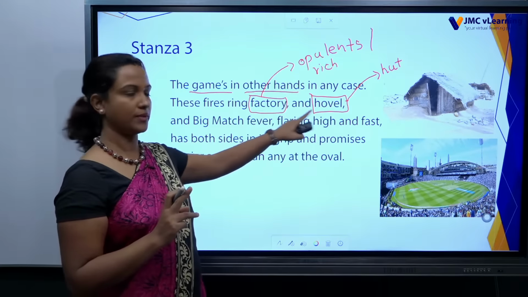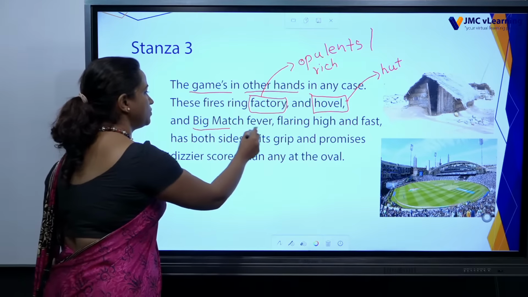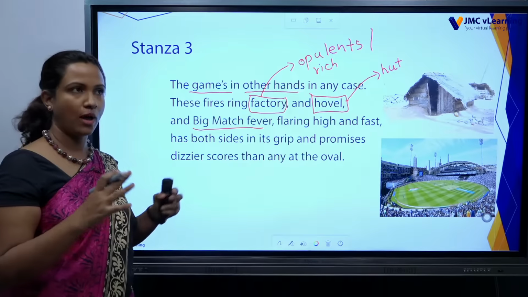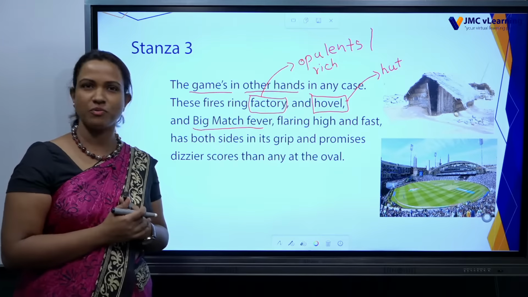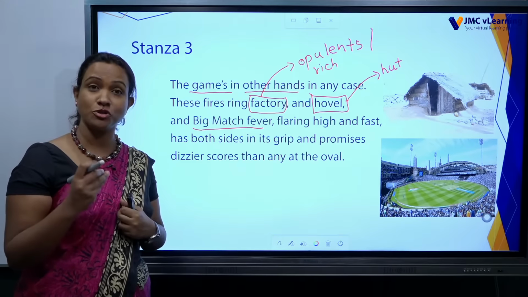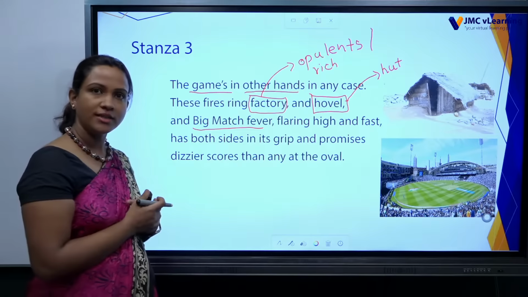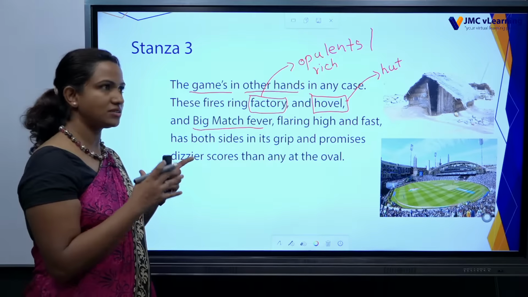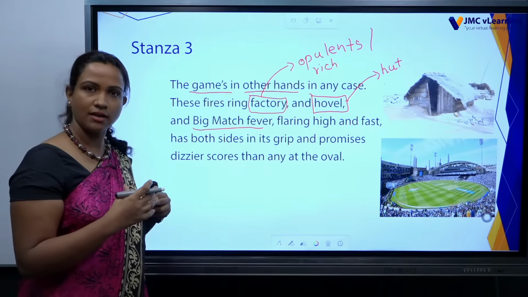Factory or hovel. And big match fever. Have you heard this word, big match fever? When you have a real game as a big match, you have a big match fever. Why do you have a big match fever? Because you want to get lots of score in the match. The poetess says it's similar to the racial violence in the country.